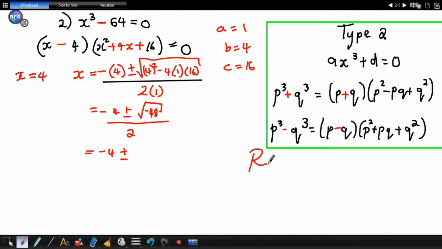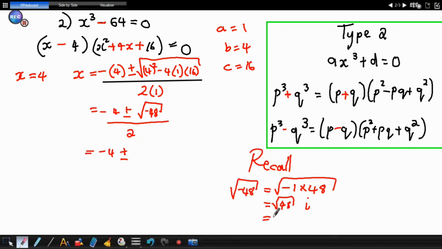Let's just do a recall here. If I have a square root of negative 48, that means I can separate this to negative 1 times 48, which will equal to. Then obviously the square root of negative 1 will just be i, then I'll have a square root of 48. And a square root of 48 will give me 4 square root 3.